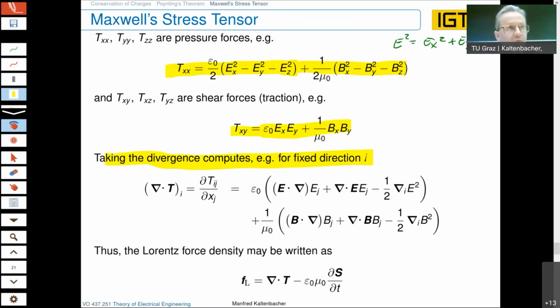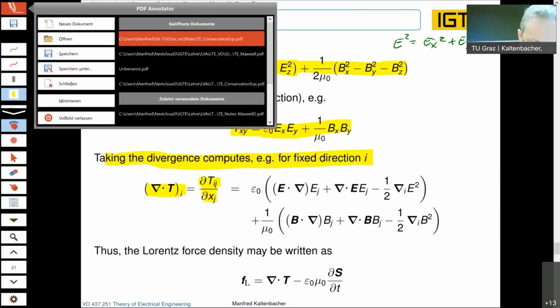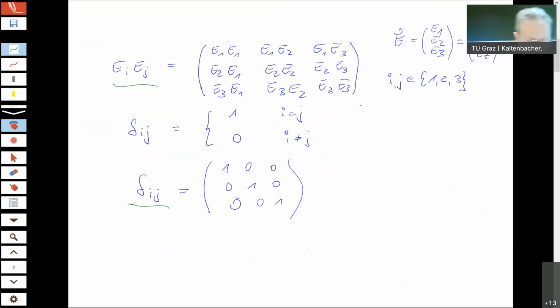when you take here the divergence of T, you get out a vector, and what we write down here is just for the i component of this vector. But generally, you write it like this, and this with the index notation, we will now see should not be a problem for us when we understand the index notation.